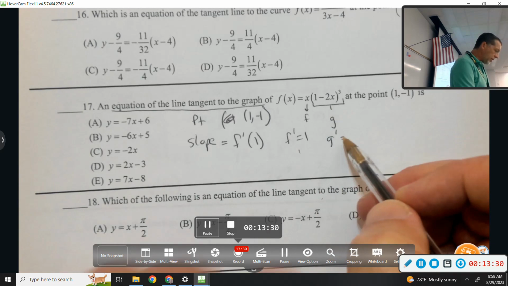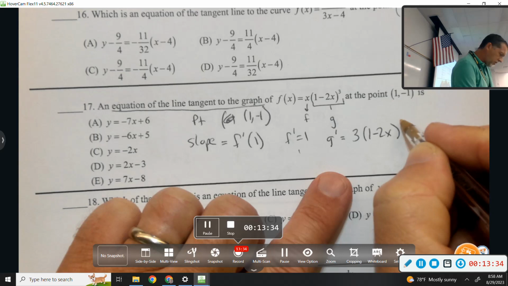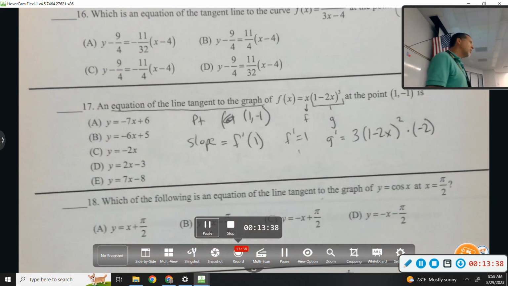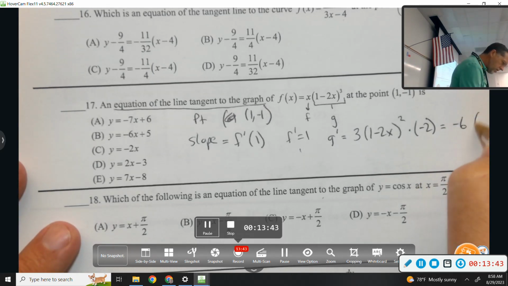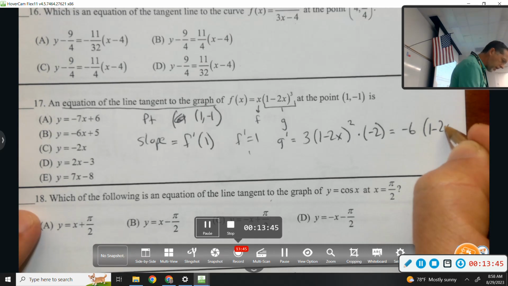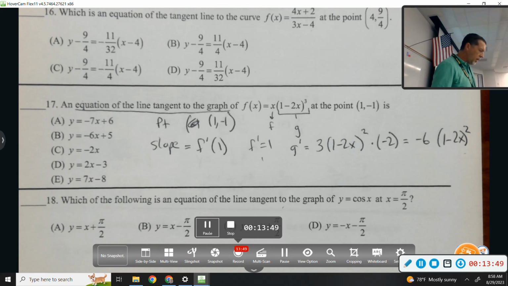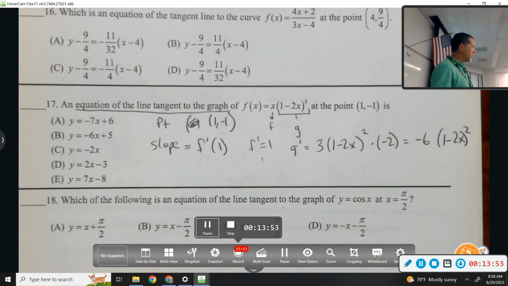The derivative of g, 3 times 1 minus 2x squared times negative 2 because of the chain rule. So negative 6, 1 minus 2x squared. But that's just the pieces. Now I've got to put it together.